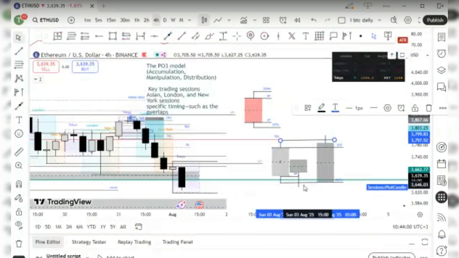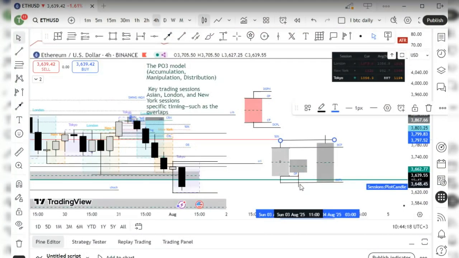So it is liquidity for these sellers who are selling at this high. And this one here is called buy liquidity side, because it is liquidity for buyers. That's where liquidation is taking place.